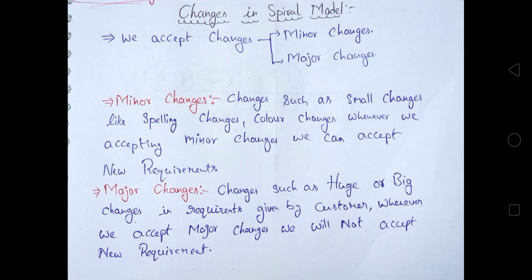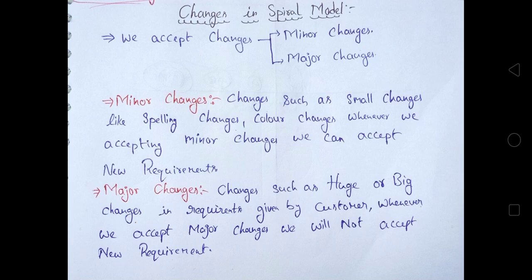In major changes, such as huge changes in requirements given by the customer, the changes are huge or big, which means we don't accept the new requirements, because it is not a spelling or a color to change. It depends on the next module.